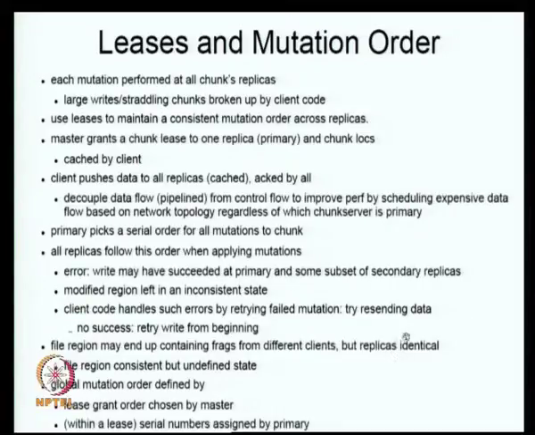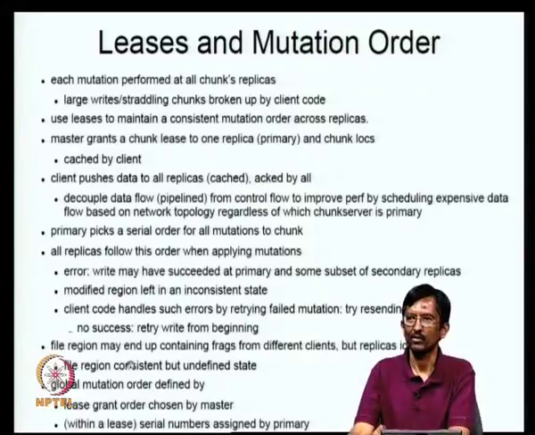That is why the replicas are identical. So, the region may be consistent, that is, everybody has the same information, but in an undefined state. In the case of failures, it will not even be consistent, it will be inconsistent. Here we are talking about concurrent writes happening, which leave the file region in an undefined state.